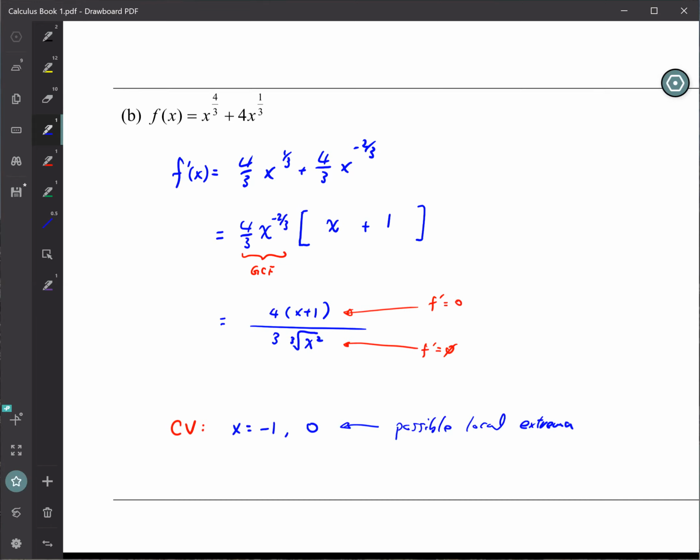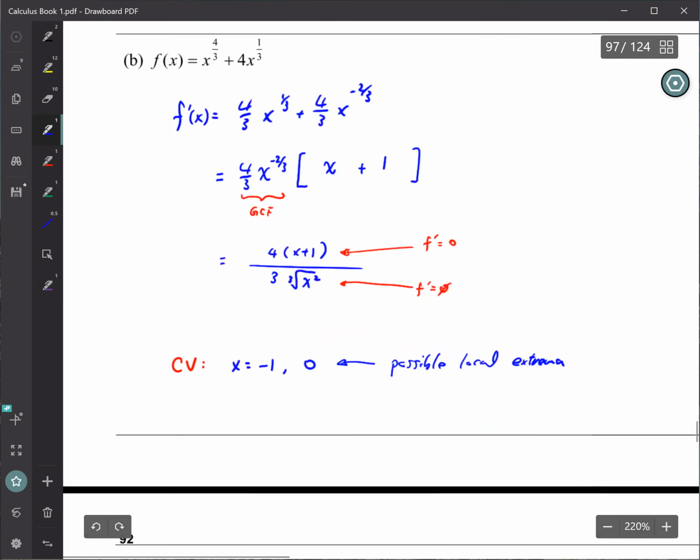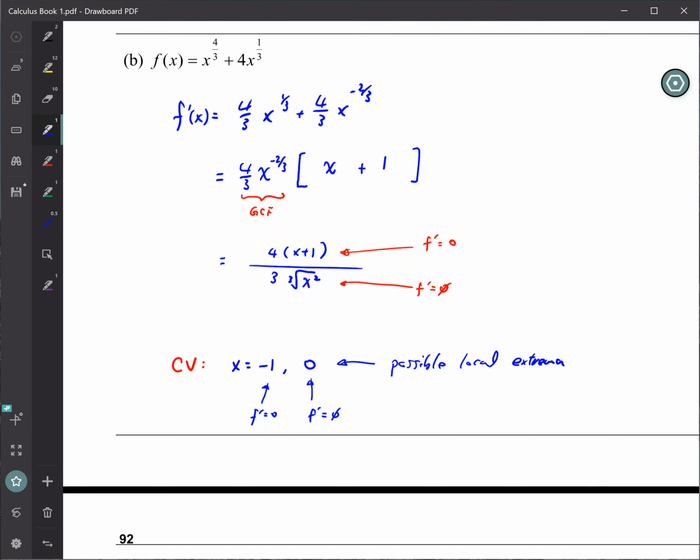So we have to confirm later. We'll learn how to confirm that, okay? So that's how you get critical values. The first critical value came from prime equal to 0. The second critical value came from prime is undefined. Anyone has questions here? Any steps unclear?